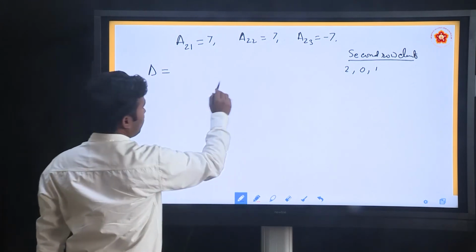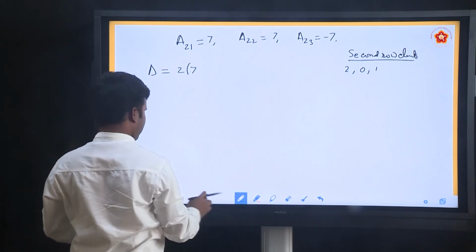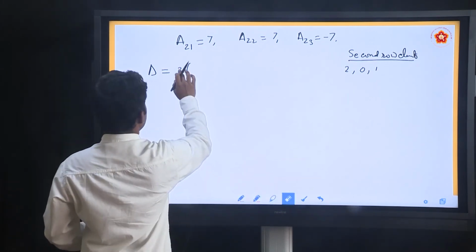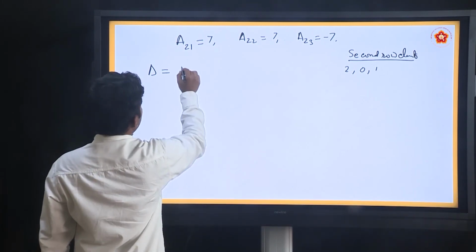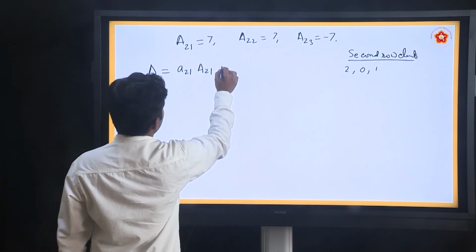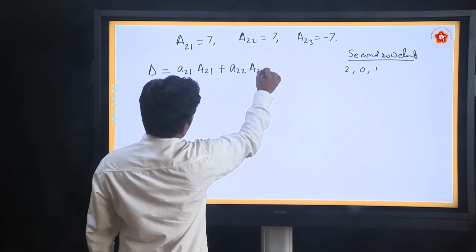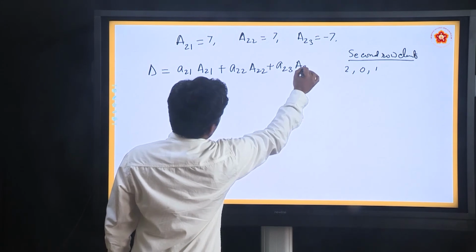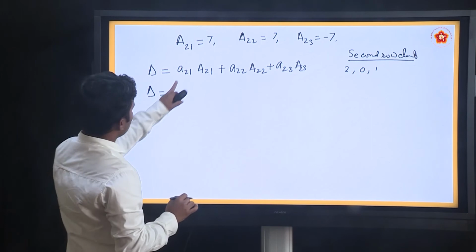So, now what we can do is a21 into A21 plus a22 into A22 plus a23 into A23. So, here in the example, what is a21?